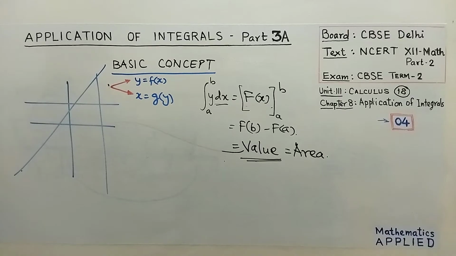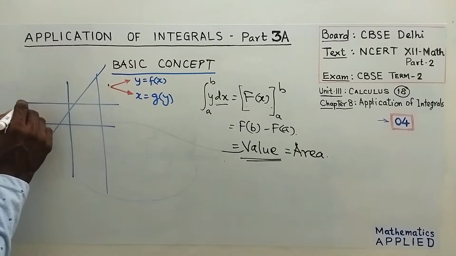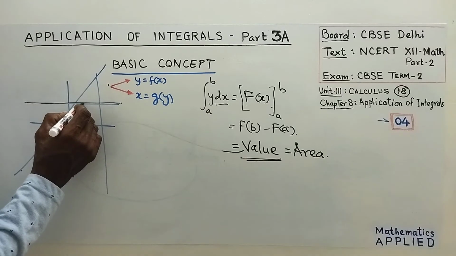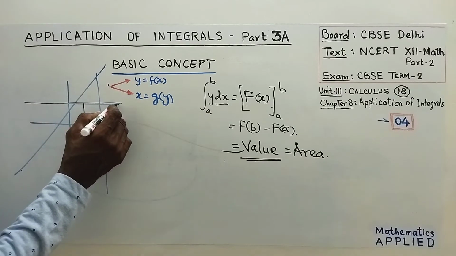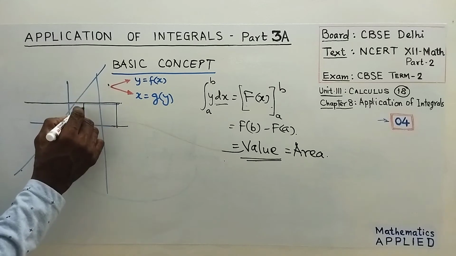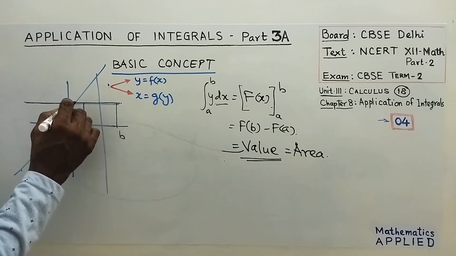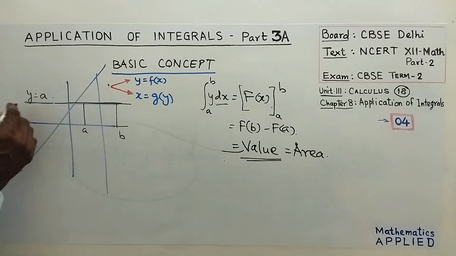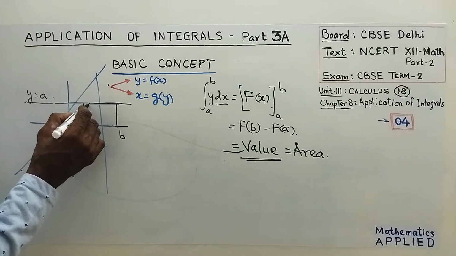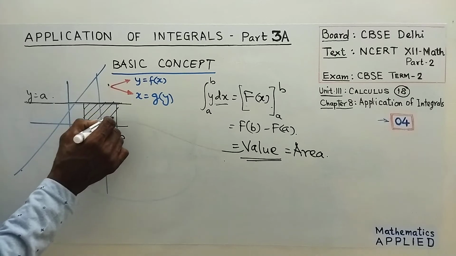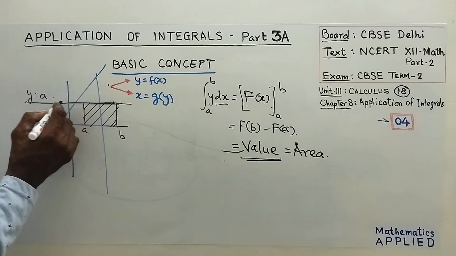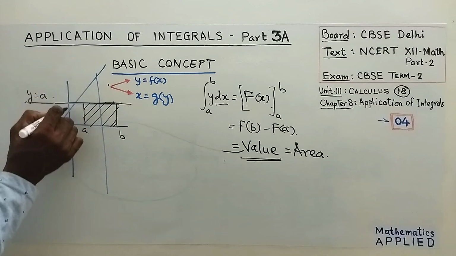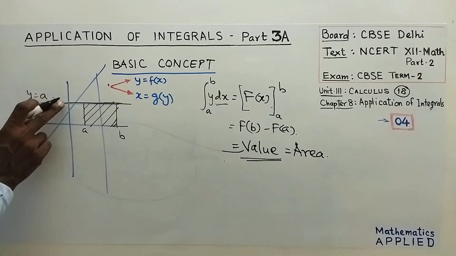Now if you are integrating this line, you can integrate this line from one point to another point, a to b. This line's equation is going to be y equals a. So you are integrating with respect to x only, because you cannot do that with the y-axis. If you do that, there is no from point to point on the y-axis. There is only one point.